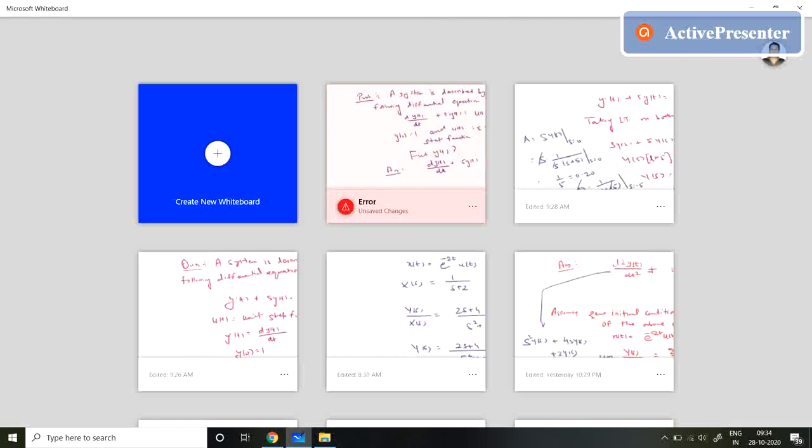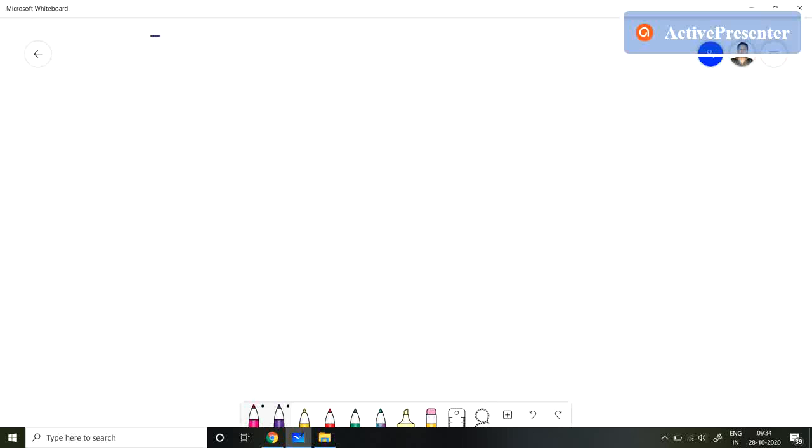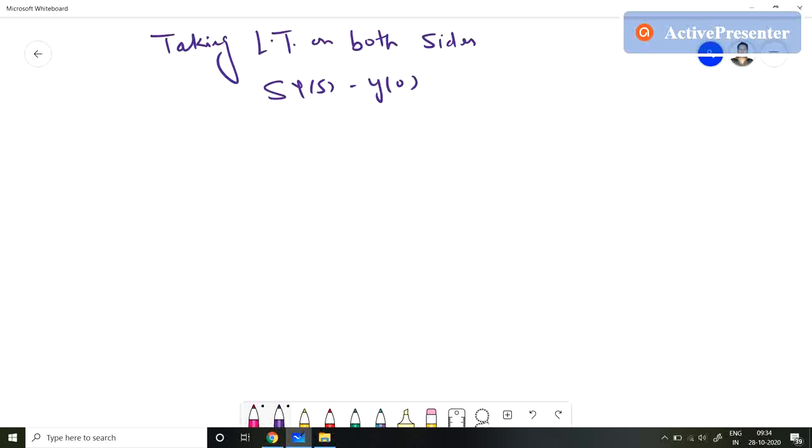We can take the Laplace transform on both sides. So taking the Laplace transform on both sides, we get sY(s) minus y(0) plus 5 into Y(s) is equal to 1/s.